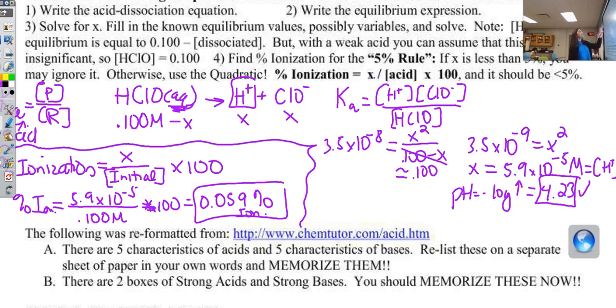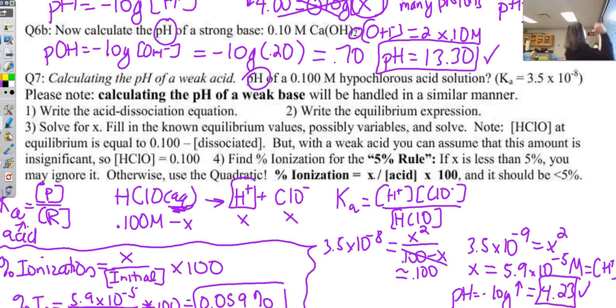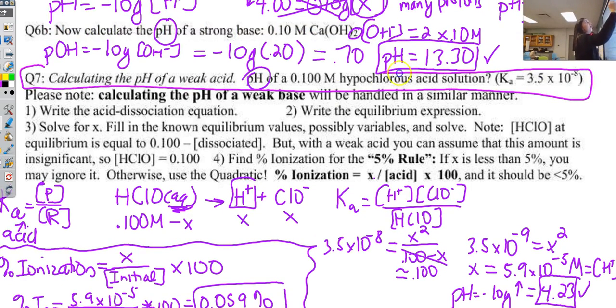So what we're going to do is, in this problem, it says, calculate the pH of a weak acid. This is literally the problem. Let's scroll down a little bit more. This is all the problem would say. And it looks just like the problem above. It looks exactly the same, except they give you a Ka.